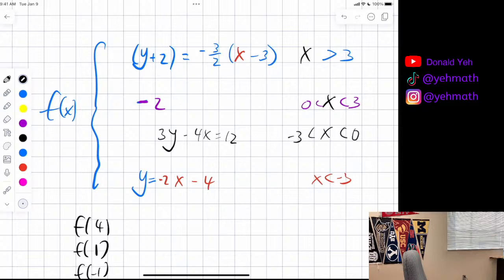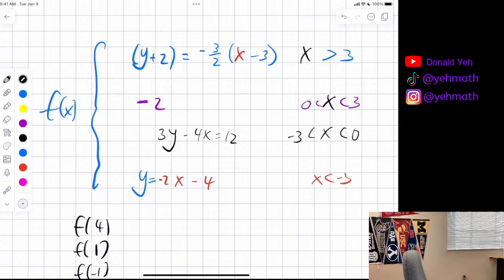For this one, just negative. Don't use pen.